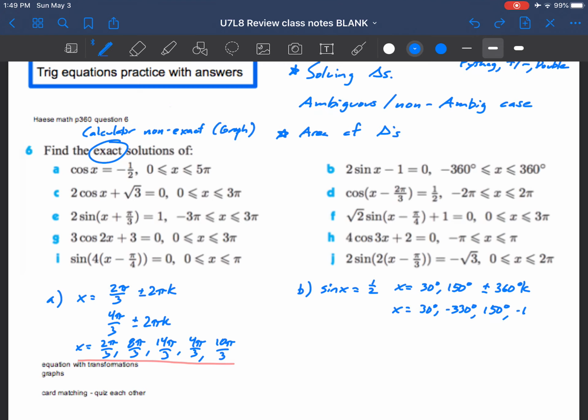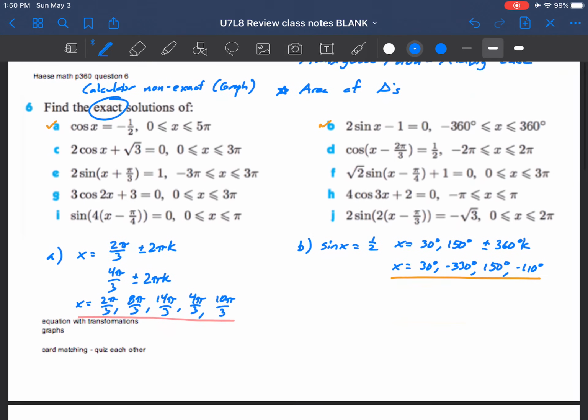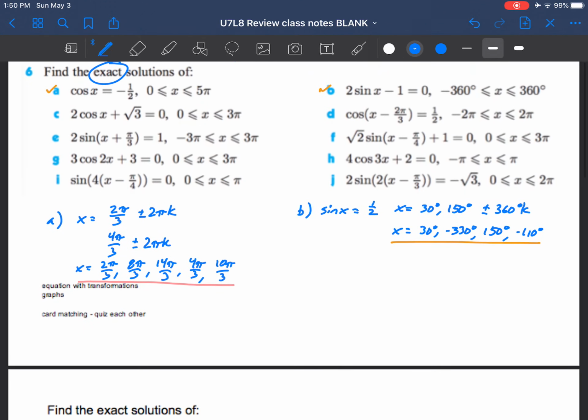Boy, you guys can see my arithmetic skills there. So there is our second set of answers to these equations. So this is done. Next one, letter C.